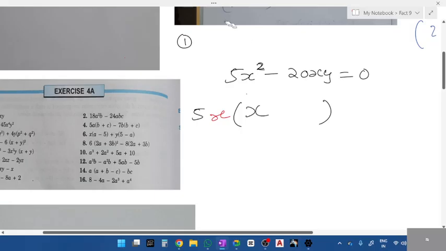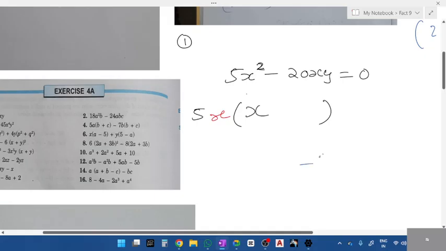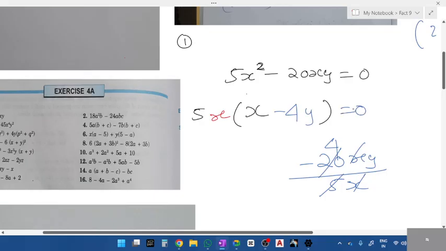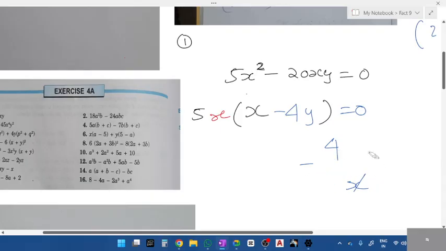Then how do you get the next remainder? Which one you have to take? No, no. Minus 20xy with the sign divided by 5x. 5 ones are 5, 5 fours are 20, x and x gets cancelled. What's the value? Minus 4y is equals to 0. This is how you solve quadratic equation. Fine. You'll have two equations.